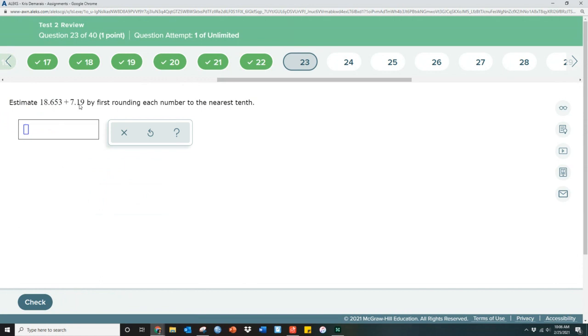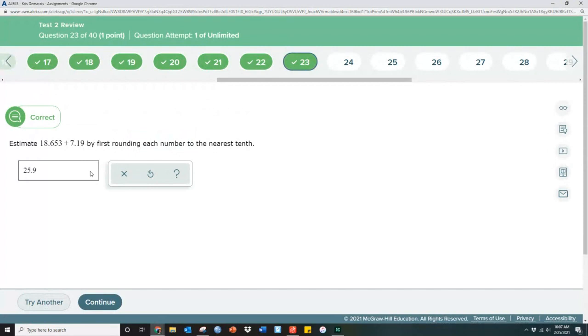Now, mentally doing that, 7 added to 18 is 25. So I'm going to put 25 in there, and then 7 added to 2 is 9. So I go ahead and put my answer in mentally doing it. But you can use a calculator, and please just round off to the nearest 10th first before you go ahead and do that.